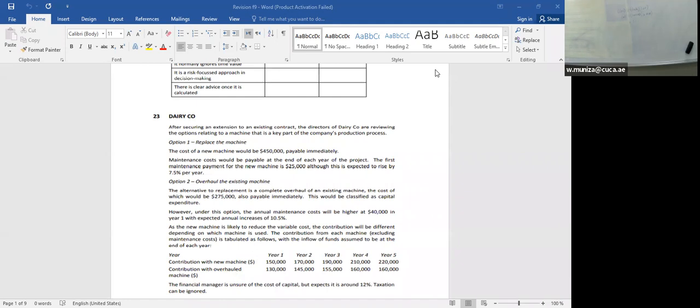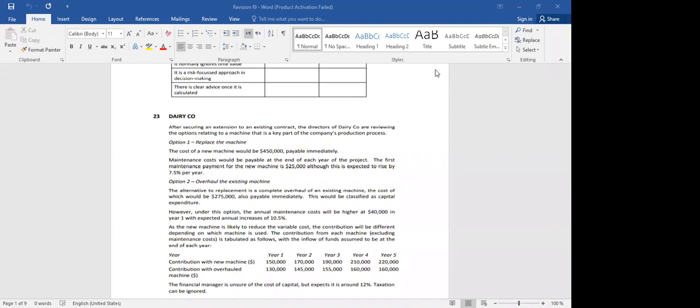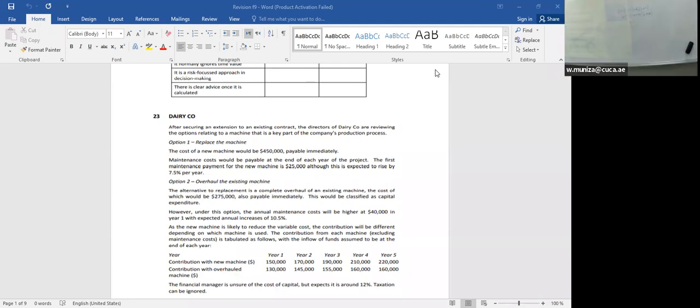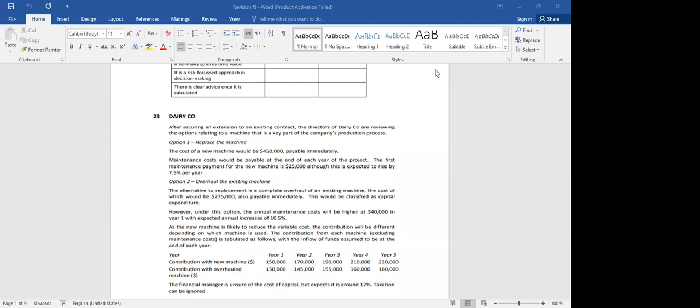And the taxation can be ignored also, okay? Yeah, I've only inflated the prices. Angelica, what did you say right now? I said that I inflated the prices because in option 1, it says that the payment is expected to rise by 7.5%.